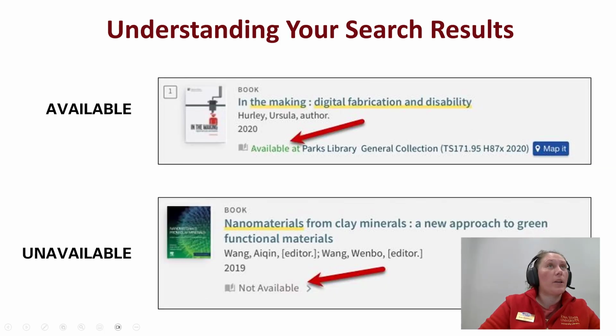So we try to make it easy for you. If it is available, it'll say it. And if it's not available or there's something blank here, it just keeps pushing you towards interlibrary loan, then we do not have the full text available for that, or we do not own that book. Doesn't mean you can't get it, just means it might take a little bit longer for you to get it.